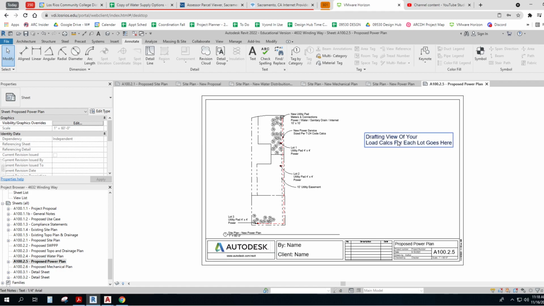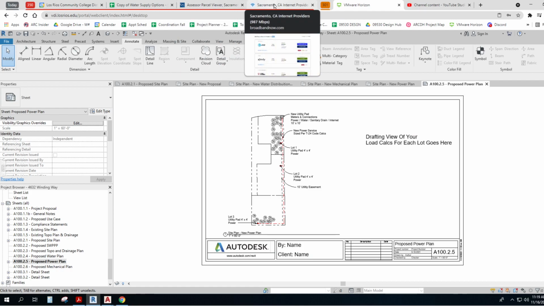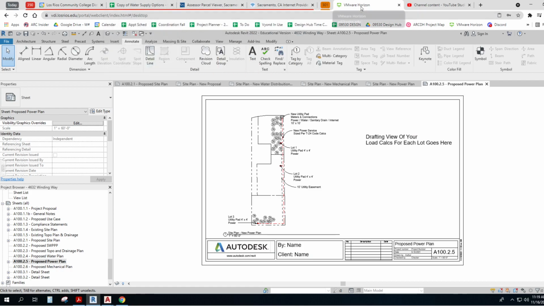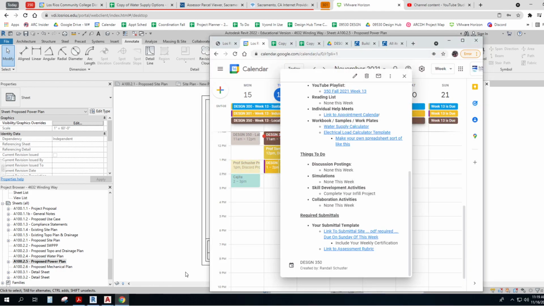And then I want to put a drafting view of my load calcs on there. So I'm going to have to look at those load calcs somehow. Okay, so let me find out where those are. Here they are.